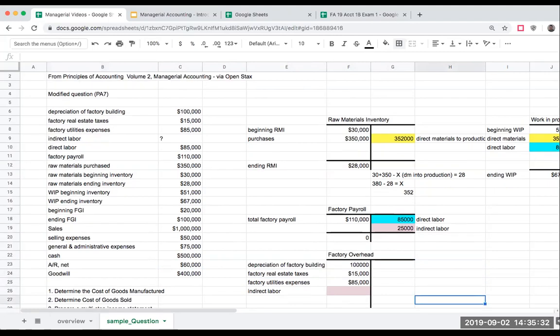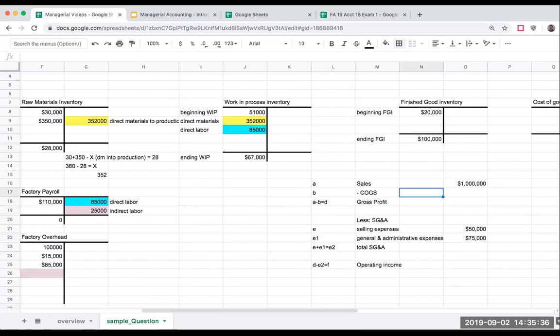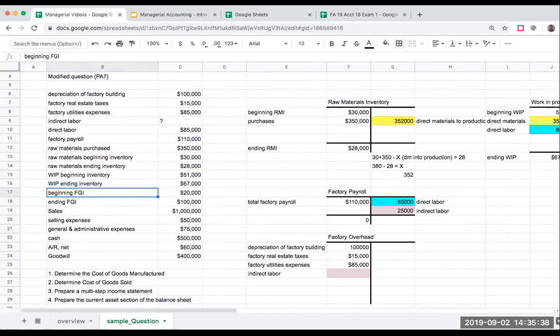So what I need to do now first is I have got sales, but I need to determine what is my cost of goods sold. So what I'm going to do over here is my factory payroll account is 0. My raw materials account here is $28,000. Okay. Now, when it comes to over here for my factory overhead, I have the depreciation on that factory building.